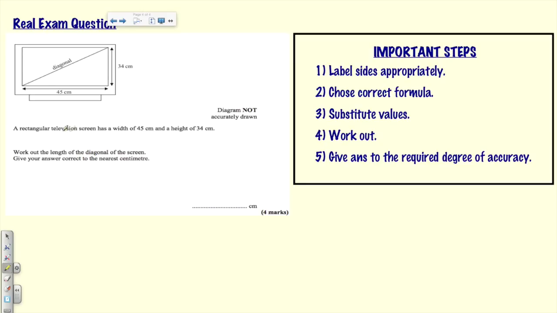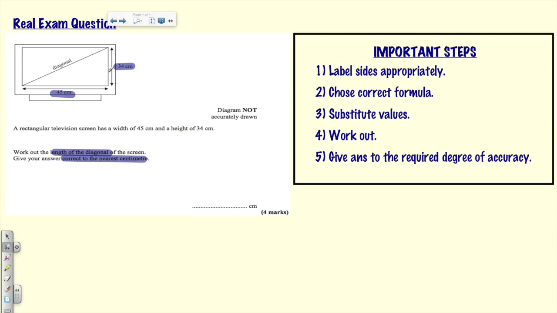A rectangular television screen has a width of 45 centimeters and a height of 34 centimeters. So these. Work out the length of the diagonal of the screen. So we need to work out the length of the diagonal and give our answer correct to the nearest centimeter. And this is 4 marks over here.